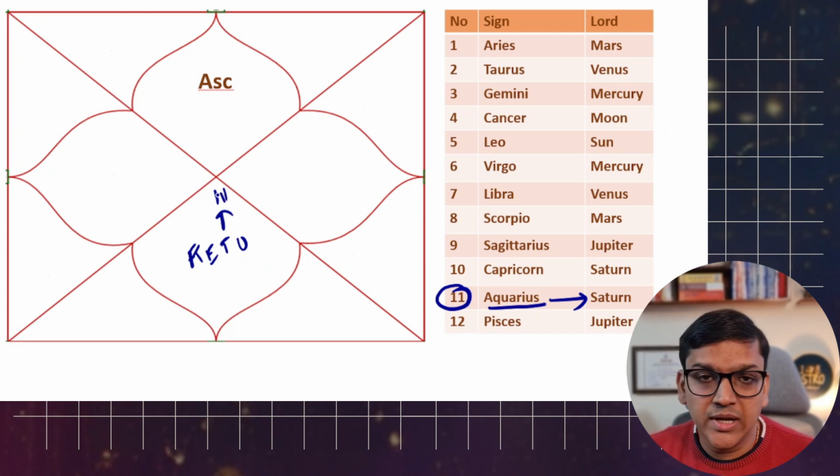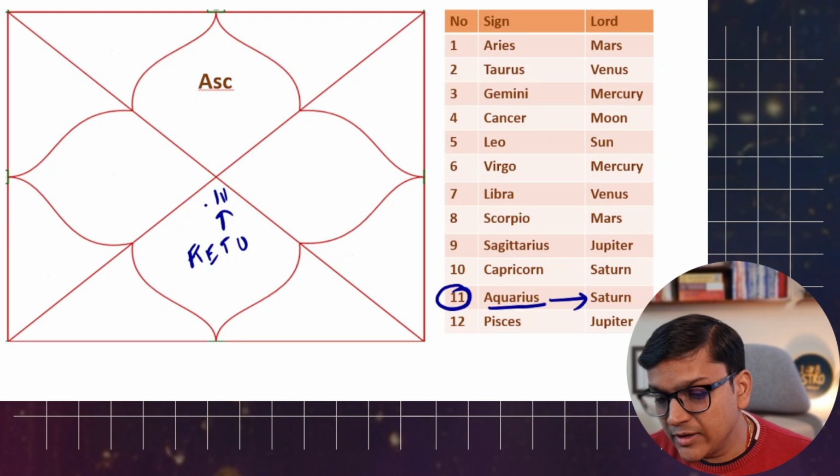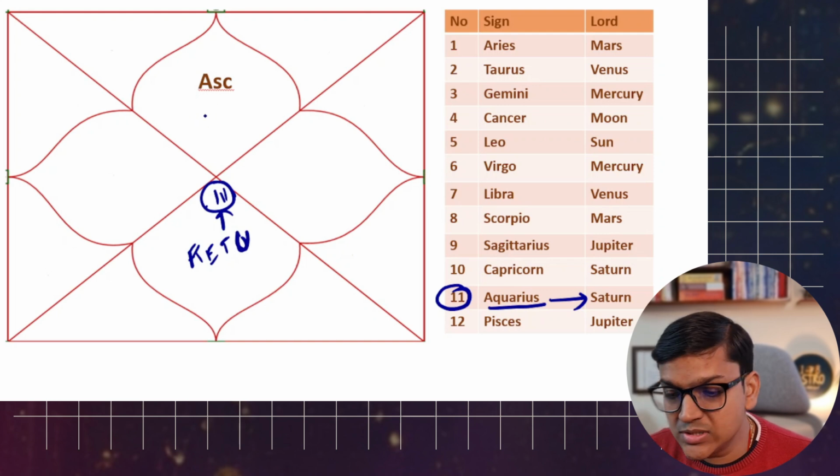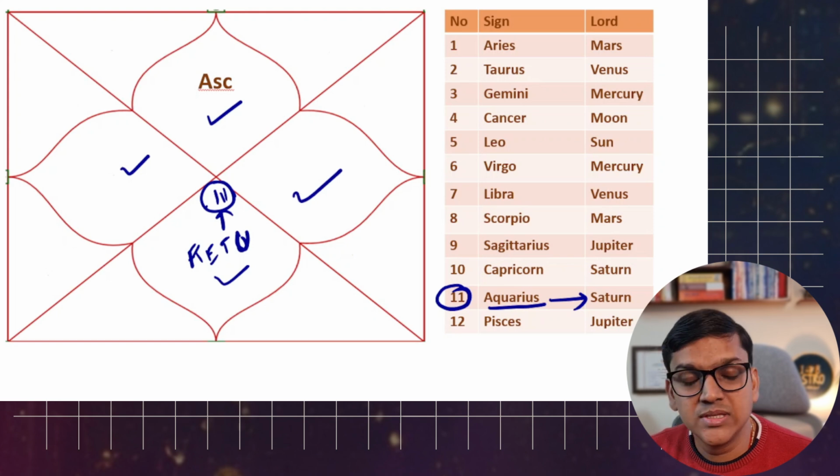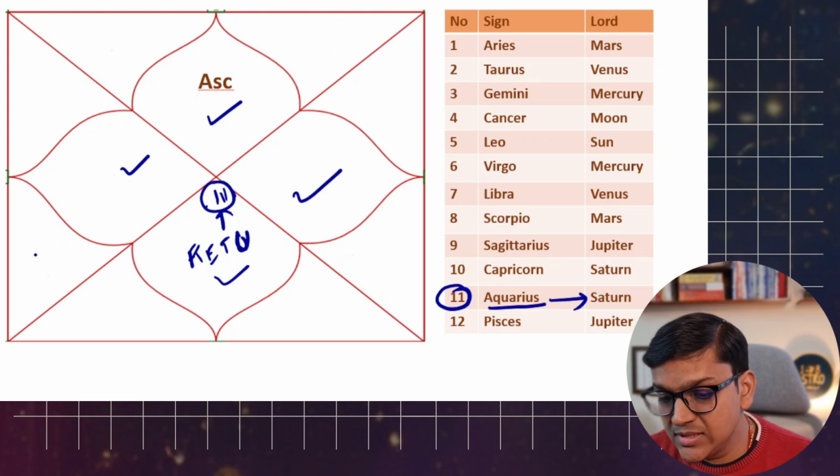What combinations will lead to Ketu forming a Rajyoga? First of all, if Ketu is placed in the center houses, these four houses, 1, 4, 7 and 10. These are the center houses, and these are the angular houses, 1, 5 and 9.